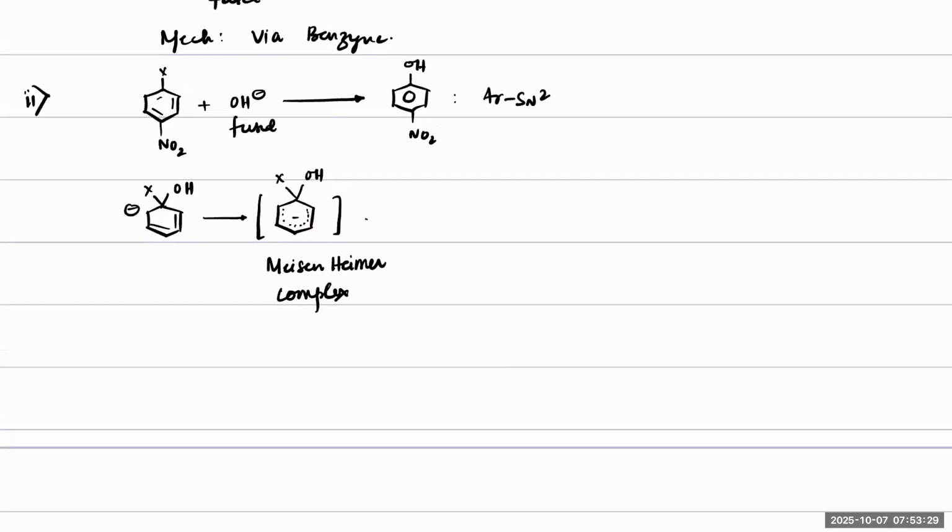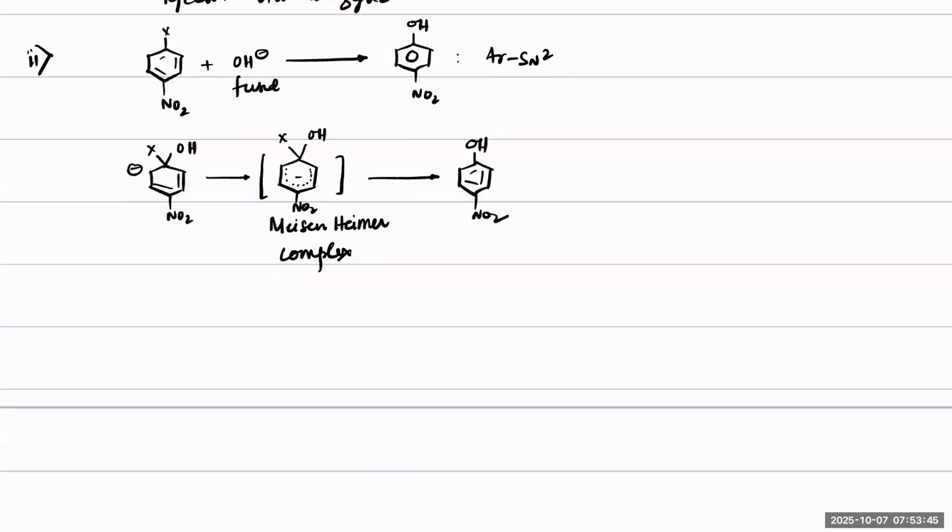And thereafter X minus will leave and retain back the OH here. So here the NO2 presence will help the stability of this complex. So that's why more the NO2, more is the rate of reaction.